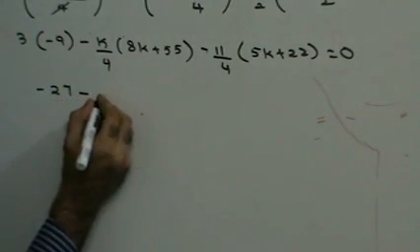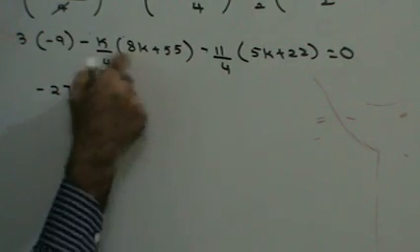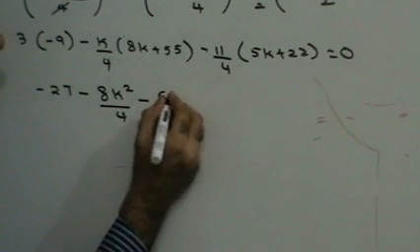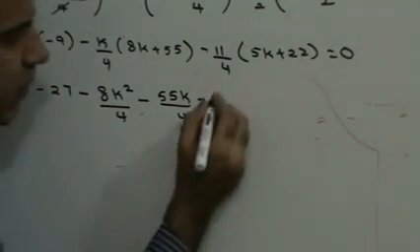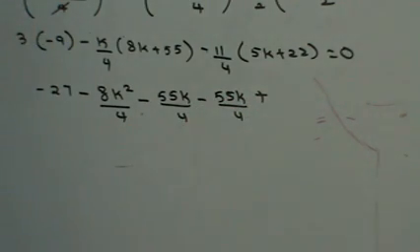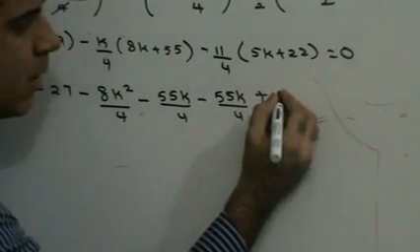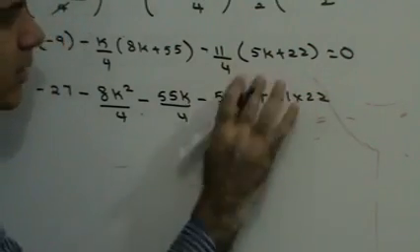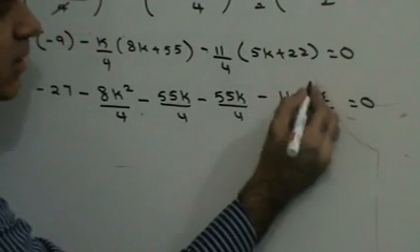Minus 27 minus 8K square multiplying by 4 plus into minus minus 55K by 4 minus 11 5 are 55K by 4 plus this is going to be 11 into 22, plus into minus and minus by 4 is 0. So this is 2s are, this is 11s are.